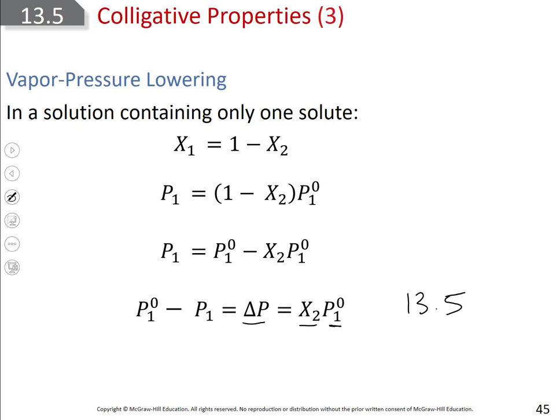So if we're making salt water, your second component is the salt, so x2 would be the mole fraction of salt. And then water is your volatile component, so this would be the vapor pressure initially of water.